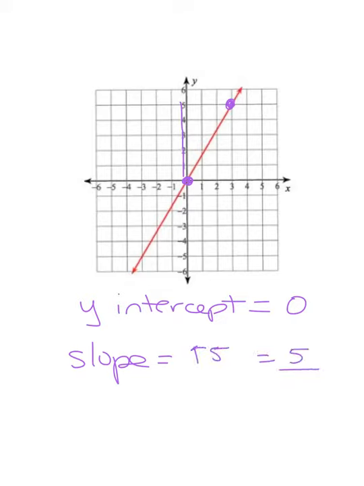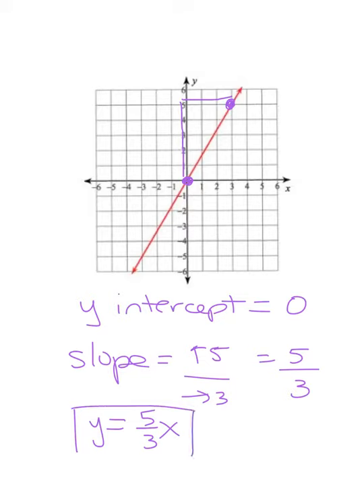Now, from where I am right now, I'm going to the right 3. 1, 2, 3. When I go to the right 3, that gives me a positive 3. So my slope is 5/3. Because my y-intercept is 0, I don't need to write anything for my b value. So I have y is equal to 5/3 x. It would be plus 0, but we never write that in math. So here's the equation of my line.